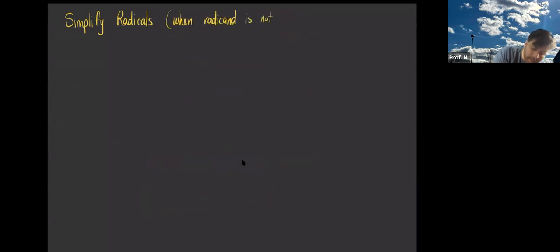So now I want to simplify radicals when a radicand is not a perfect square.